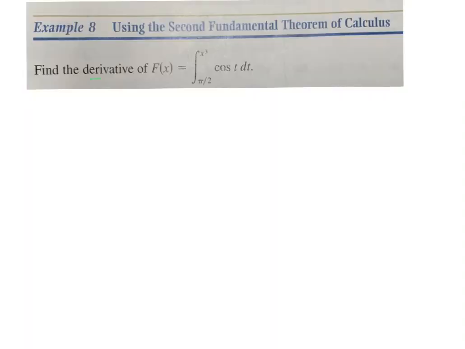They want the derivative of the antiderivative, okay? Well, if I did it, the antiderivative of cosine is just sine. And then if I take that derivative, it would be cosine, right? And so I know I just get what's in there. I get cosine. Instead of t, I want my top bound here, which is x cubed. Cosine of x cubed.